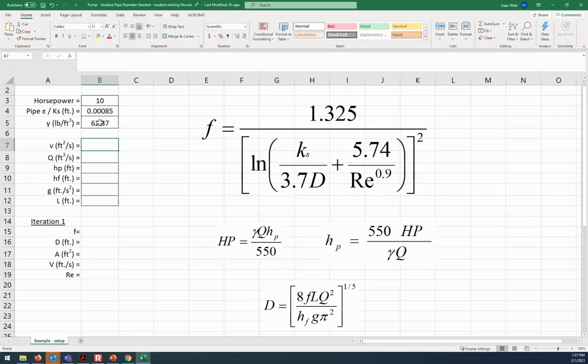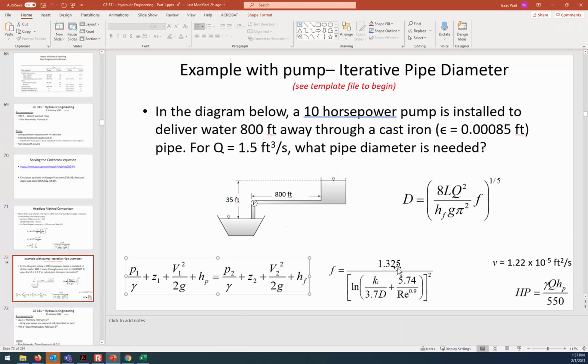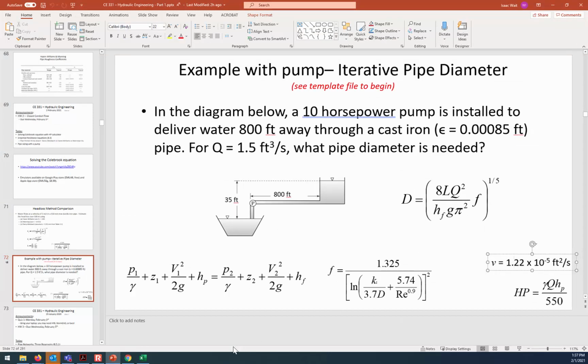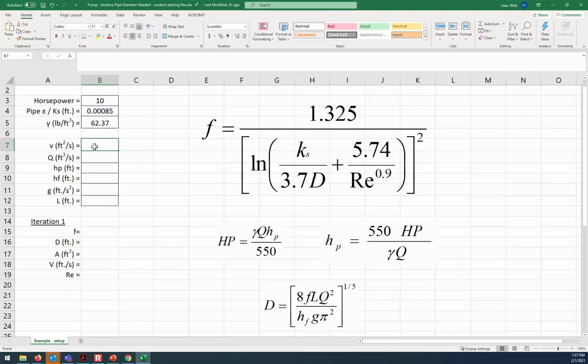Our kinematic viscosity of the water here in traditional terms, 1.22 times 10 to the minus fifth feet squared per second. So I will just type in here 1.22 E minus 5. And then that translates it to the scientific notation. The flow rate, 1.5 cubic feet per second.